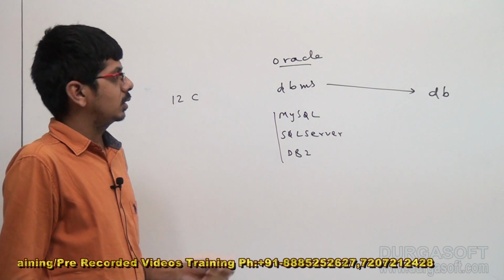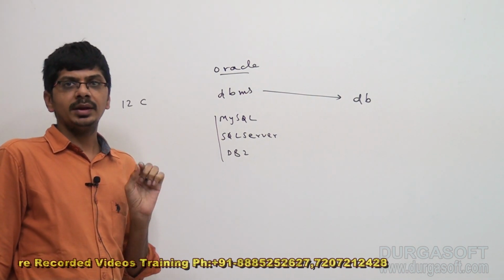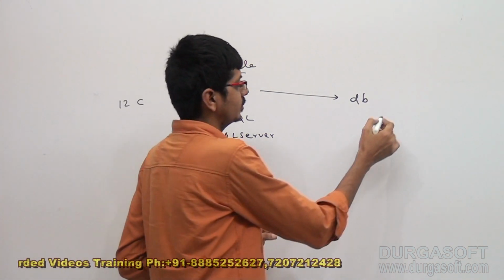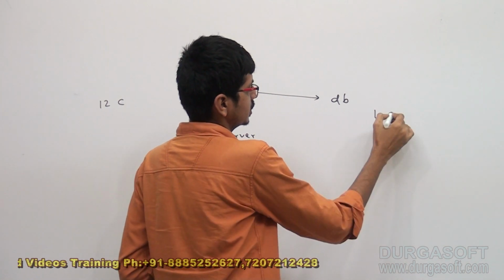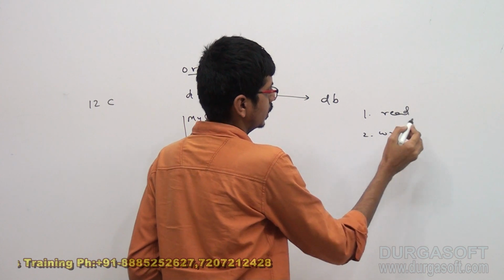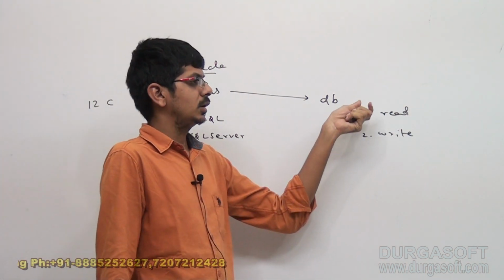Okay, so according to Oracle, DBMS is a software which can manage the data. So data management in the sense, we have two things. The major things are reading the data and writing the data. Okay, read and write operations. So read and write operations are nothing but data management.